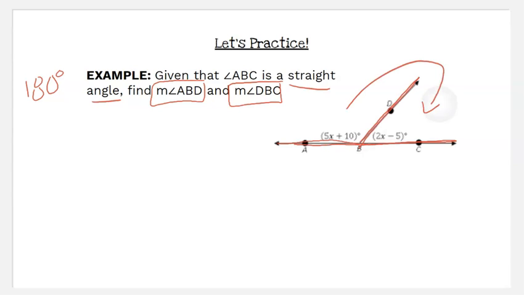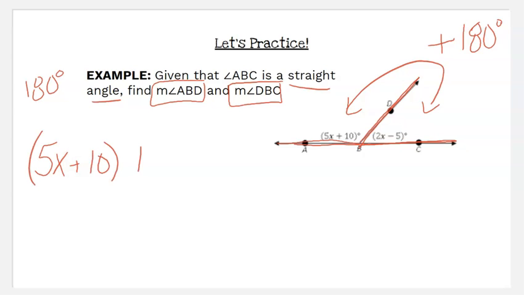So we know that these two angles are going to add to 180 degrees. Kind of like how we practiced in that linear pair supplementary angles. So we know that 5x plus 10 plus this other angle, 2x minus 5, is going to equal 180 degrees.